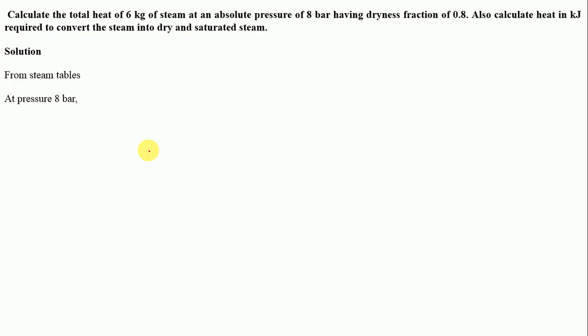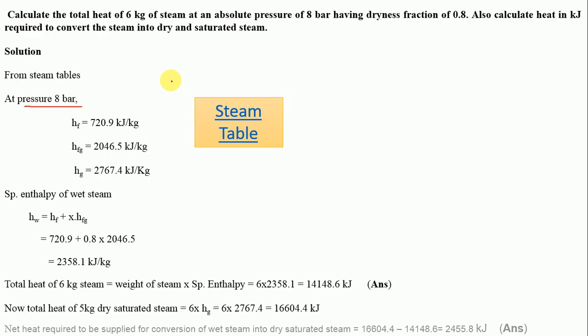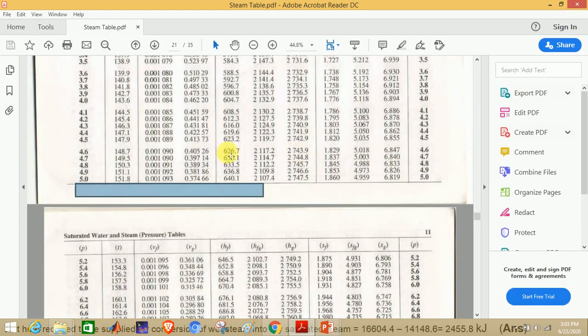From the steam table we will find the values at pressure equal to 8 bar.